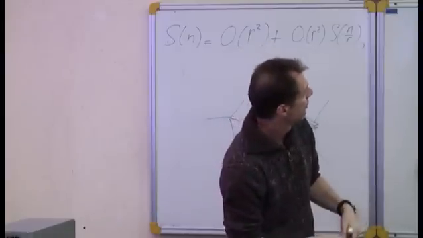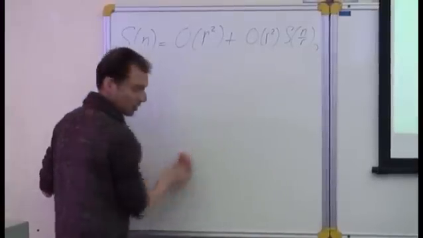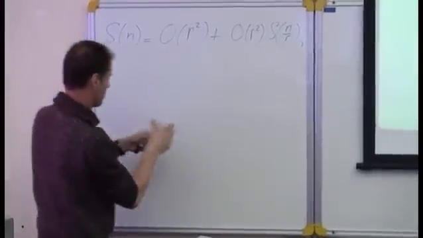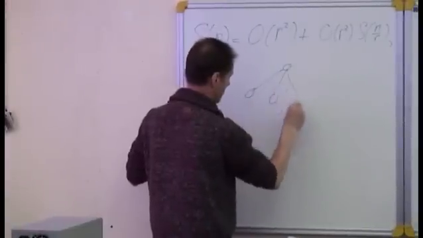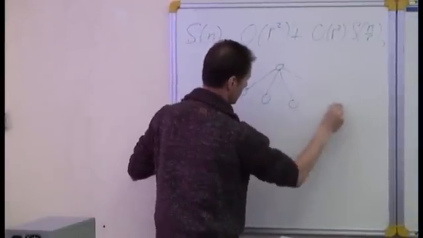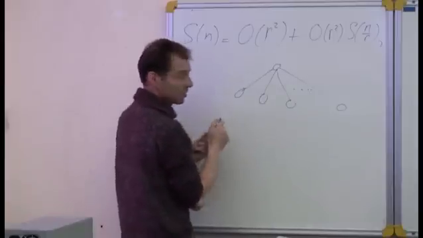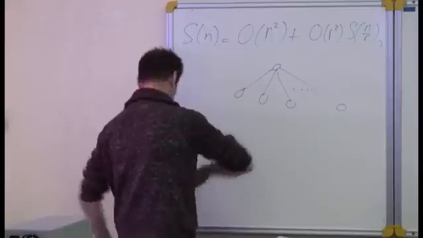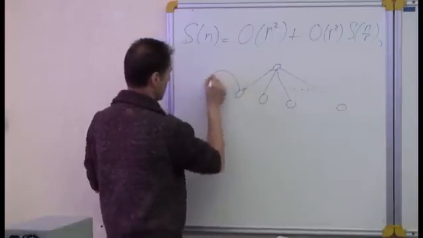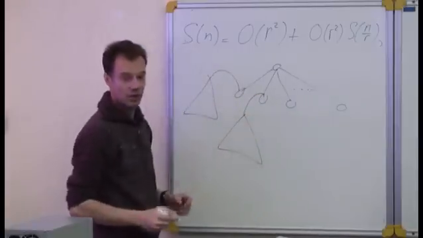So if I draw the picture of the tree again, okay, so it used to be that, let's say, in a 2-level structure, each of these things had some second level tree.